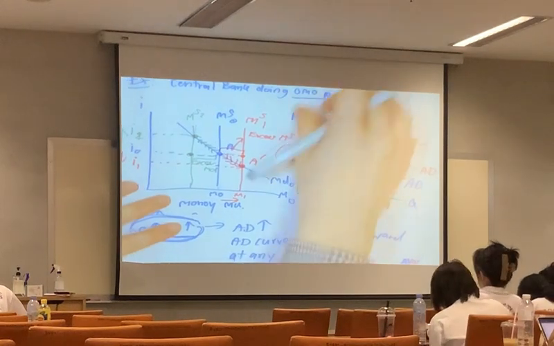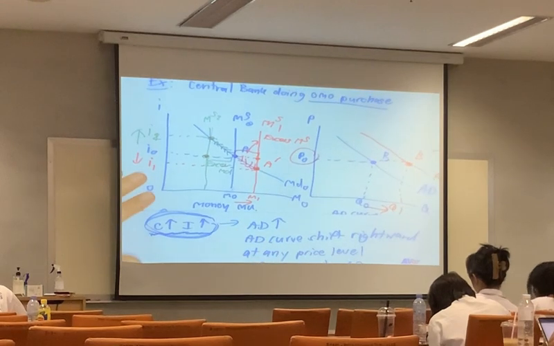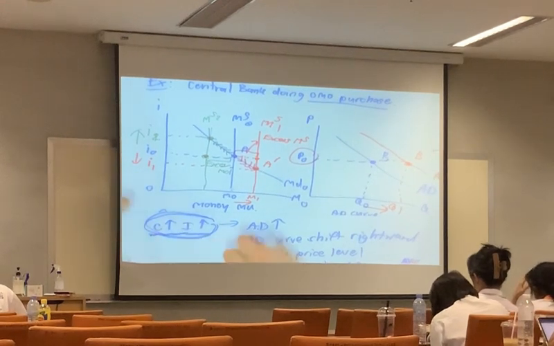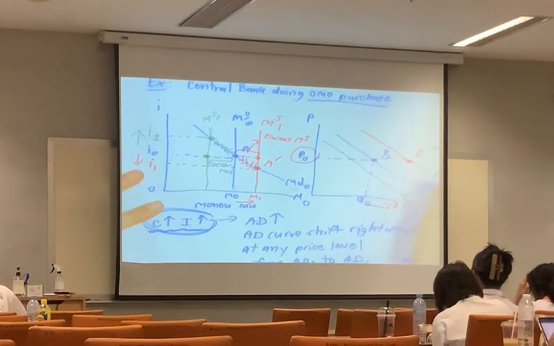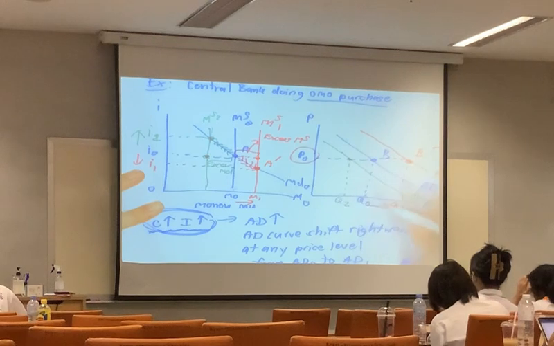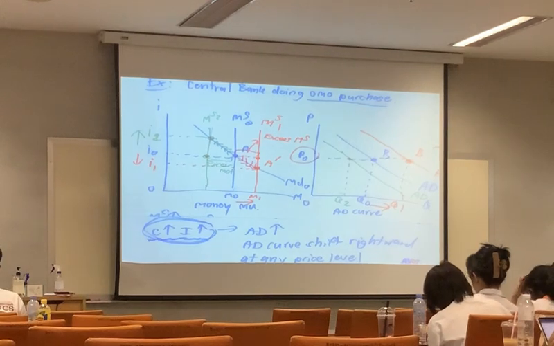Okay, so the graph shifts in the opposite direction and then everything will be in the opposite direction. AD will shift leftward. I just showed you how to shift the graph, but in fact all of the explanation is the same, just in the opposite direction.